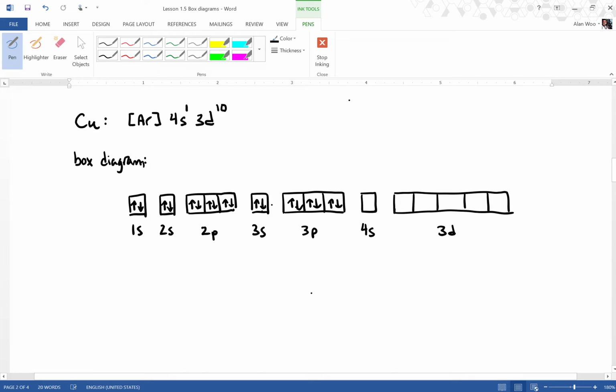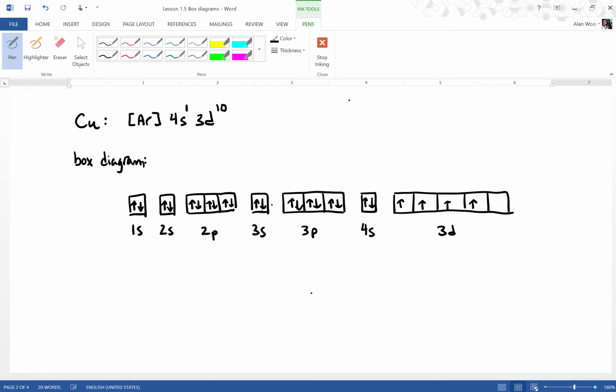But then we get to the 4s. If you remember, if I were to just put in my electrons without seeing the promotion, it will look like this. It'll be 4s2 3d9.